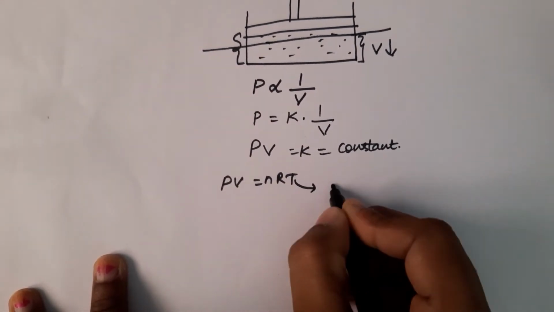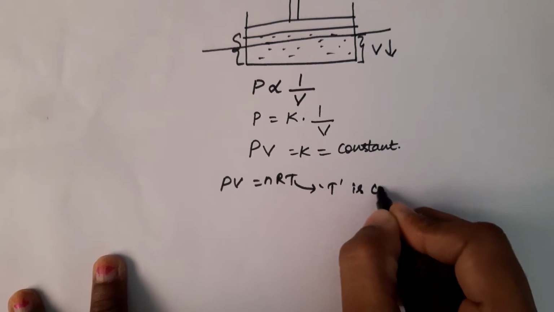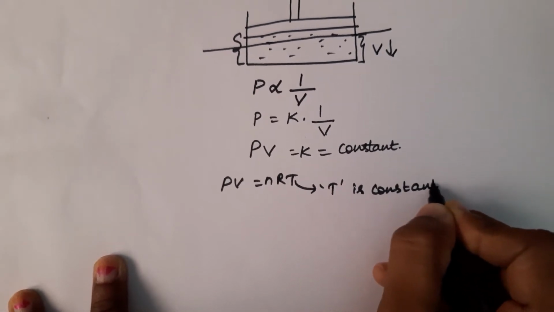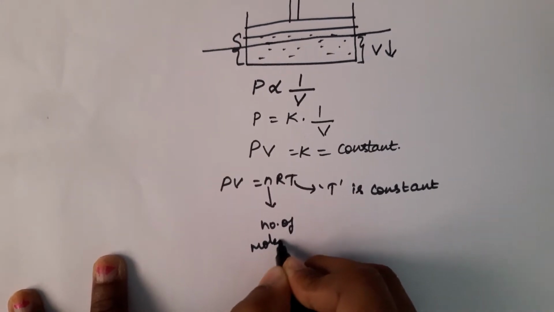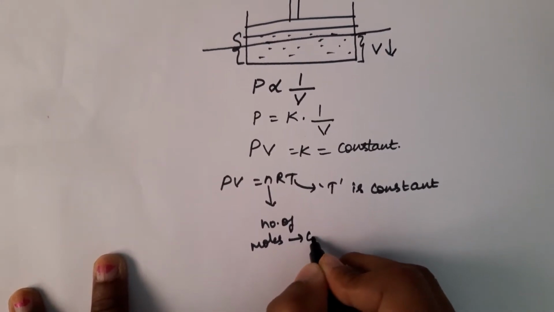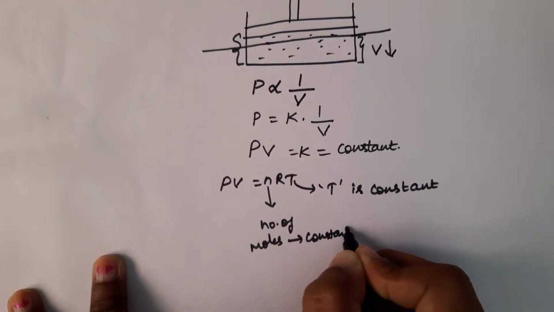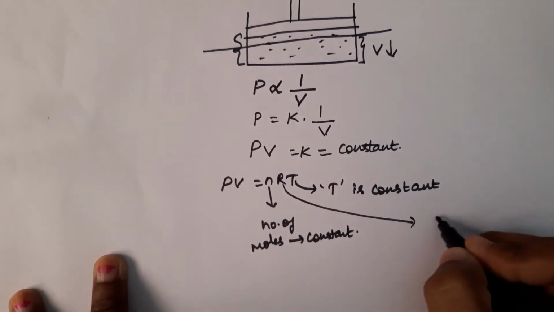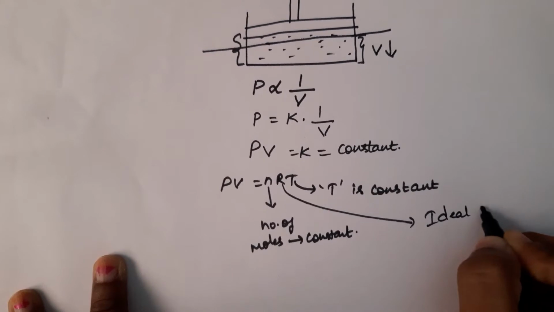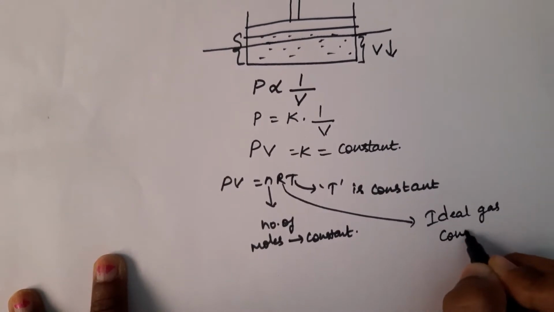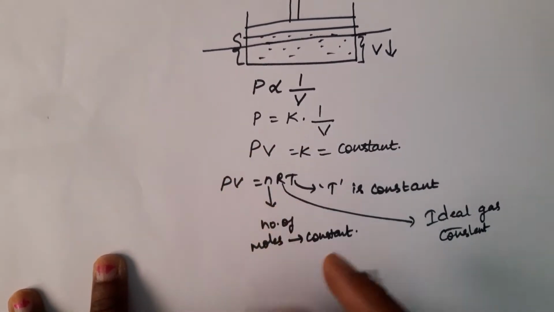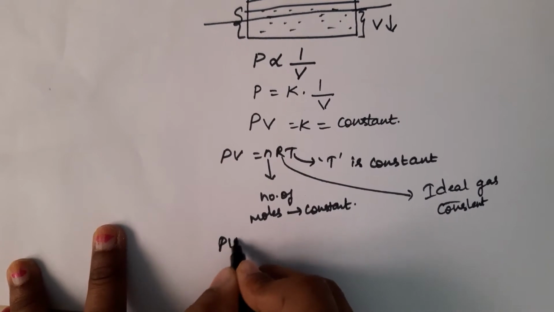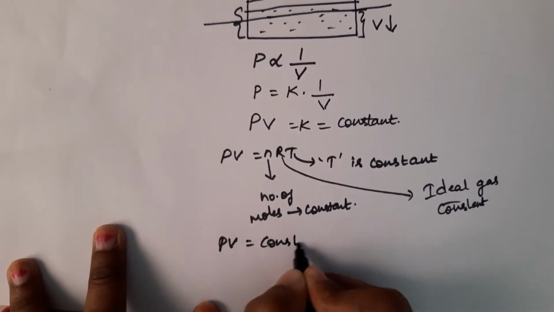And what is meant by n? n is the number of moles. Here the number of moles is also constant. Then what about R? We know that R is the ideal gas constant. It is also a constant value. So all of these are constant, which means we can say easily that PV is equal to a constant.